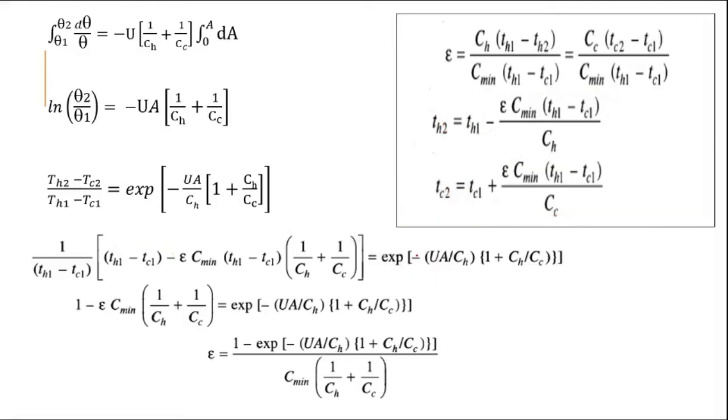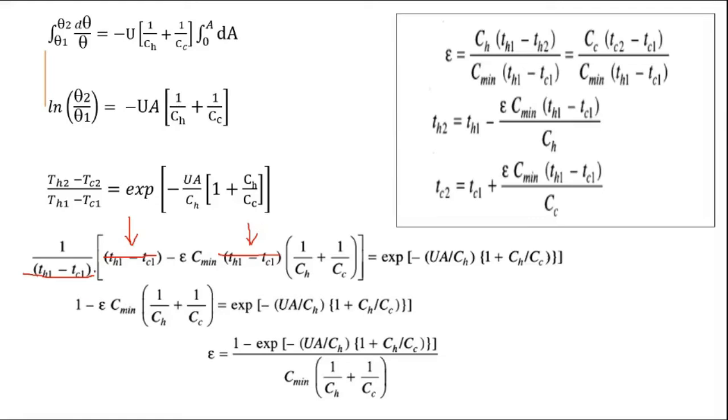No, sir. Fine. Now what we can do, if you will see, here we have Th1 minus Tc1. Here also we have Th1 minus Tc1. This Th1 minus Tc1 is common in both the terms. So we can take it outside, and the terms Th1 minus Tc1 will get cancelled out. Are you getting this part? Yes, sir. Okay.